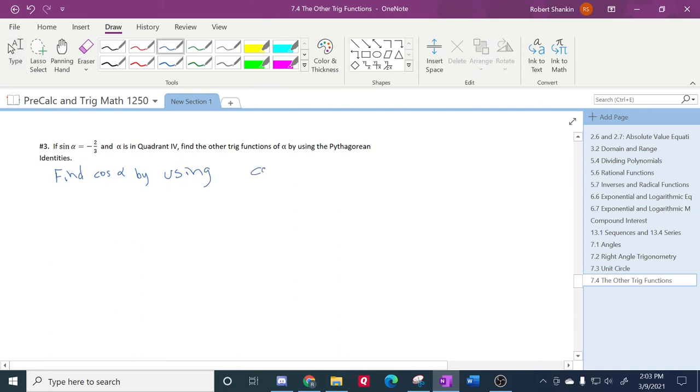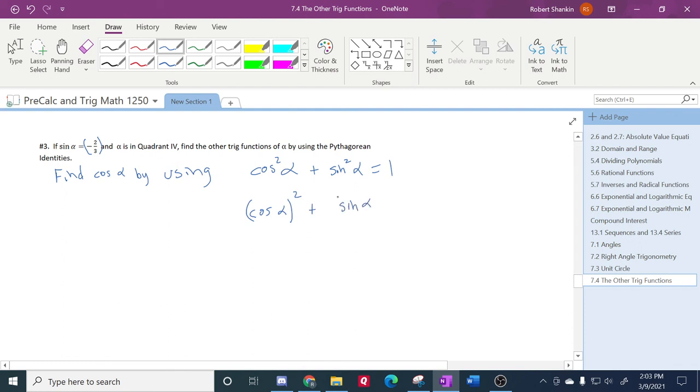So use one of the Pythagorean identities, one of the 3 that you need, by using cosine squared of the angle plus sine squared, as long as it's the same angle, equals 1. Now, how does this get me the cosine? Well, what does cosine squared alpha really mean? It really means this.